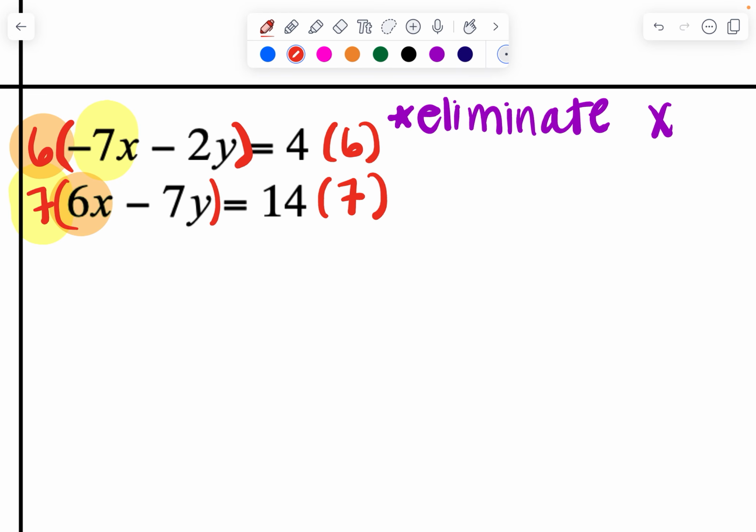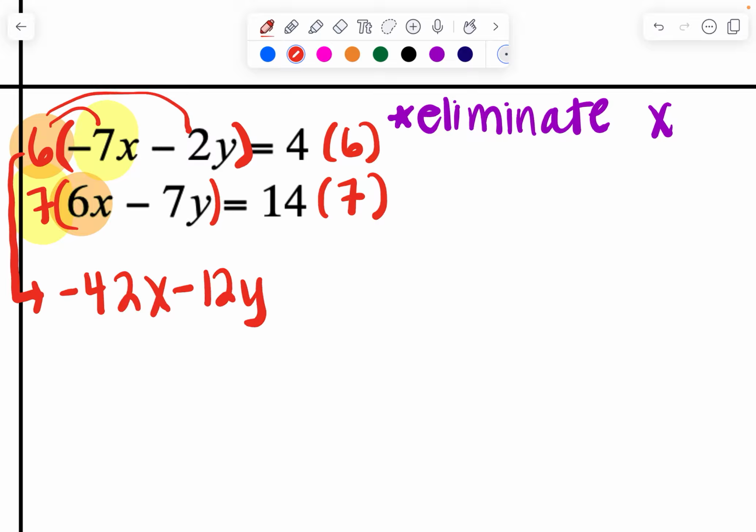So my first equation then becomes 6 times negative 7 is negative 42x minus 6 times 2 is 12y equals 4 times 6 is 24.